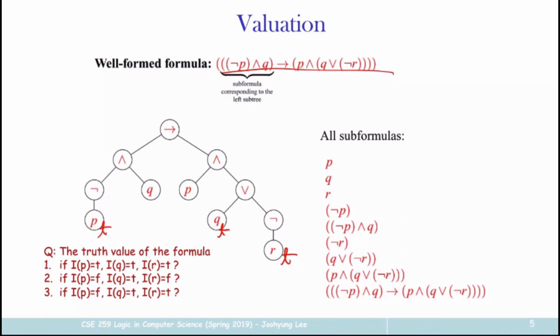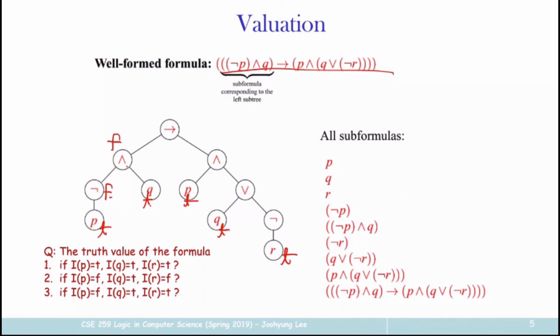So if this is true, then this is false, right? And Q was actually true here. So I can copy all the truth values to the leaf nodes. This node is false and true, so this becomes false. At this point, I don't actually care, but let's do this bottom-up.